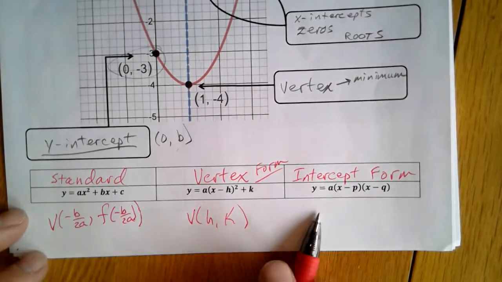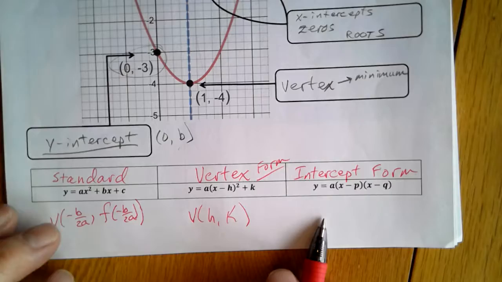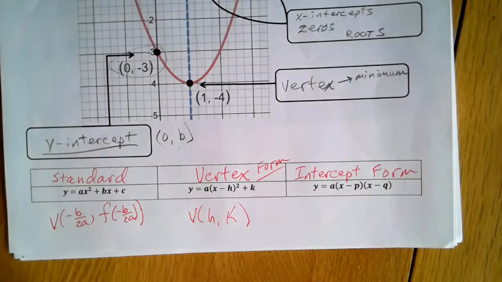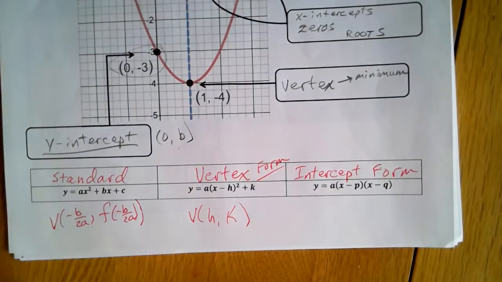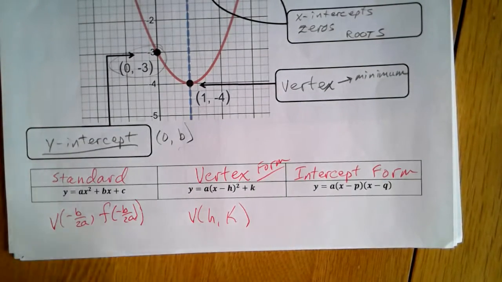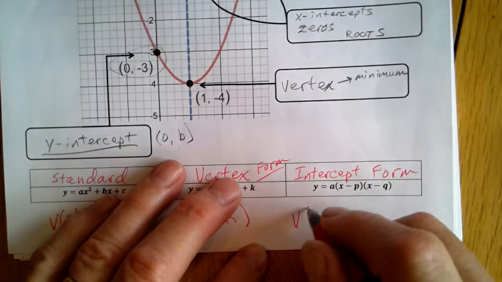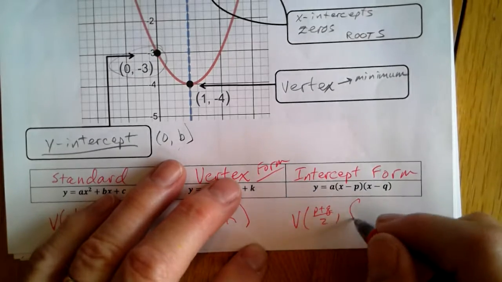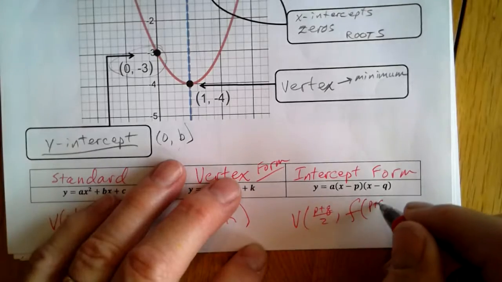So it's p plus q divided by 2, and f of p plus q divided by 2. I wouldn't do it this way. I don't know, I just wouldn't. That's a lot of thinking.